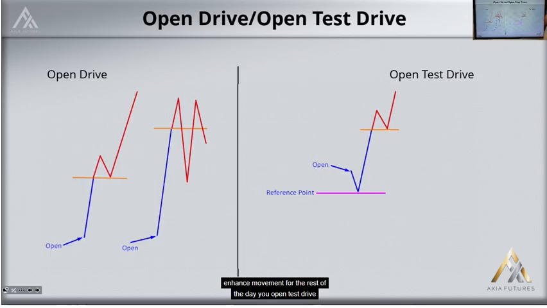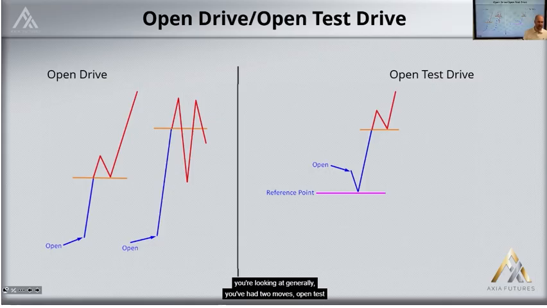You open, test, drive, similar type concept. The crucial bit is that we try a reference point, whether this be a previous high, top of value, single prints, a close, whatever it is, you get a trade to a previous reference point and the market goes back through the open. Crucially, once back through the open, you don't want to see it back down here. That's the drive part, and that should be maintained. Now, the end of the initial balance doesn't necessarily have to be at the extreme, and typically isn't.